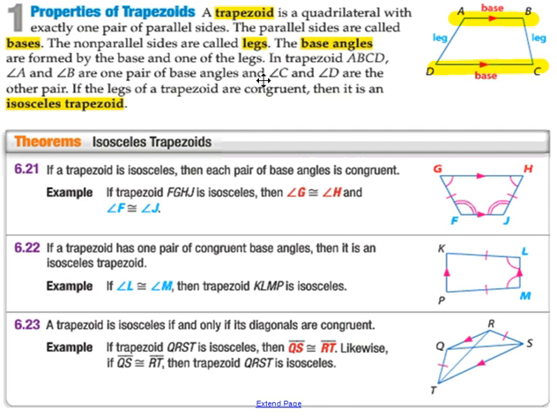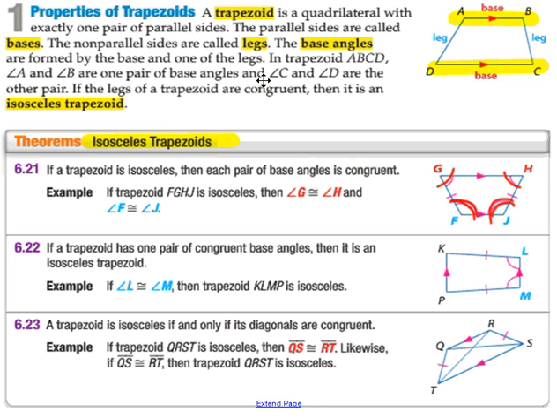Now there's a separate type of trapezoid that's called an isosceles trapezoid. An isosceles trapezoid, just like an isosceles triangle, has congruent base angles, except in a trapezoid we have this angle and this angle that are congruent, and then this angle and this angle are congruent.